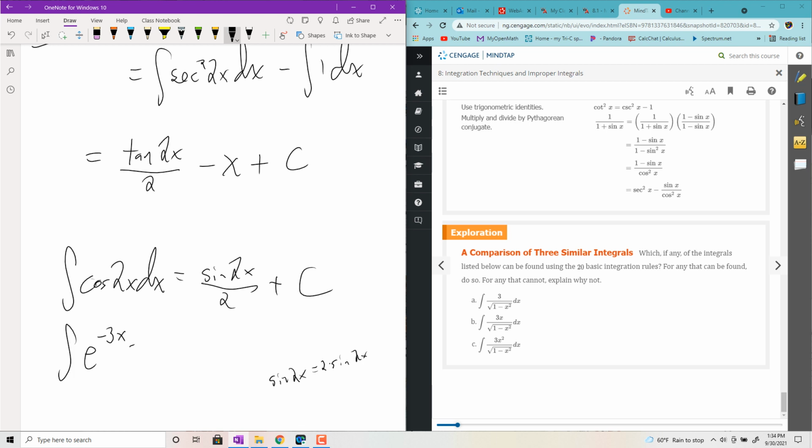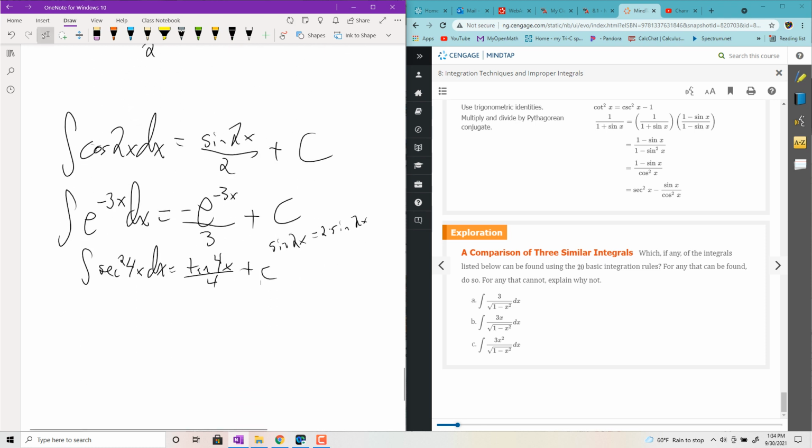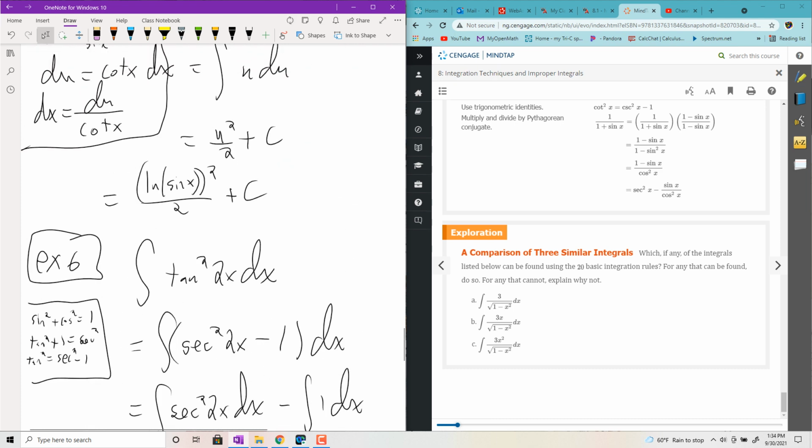So the integral of e to the negative 3x dx is just going to be e to the negative 3x divided by negative 3, plus c. The integral of secant squared of 4x dx is just going to be tan of 4x divided by 4. It's pretty simple, and you don't have to do the u sub all the time.